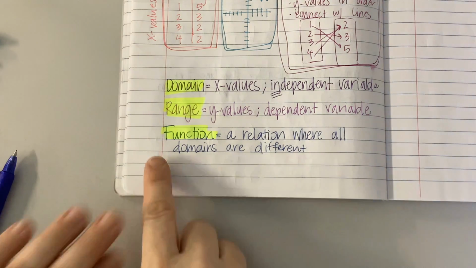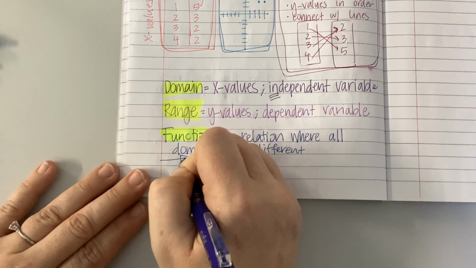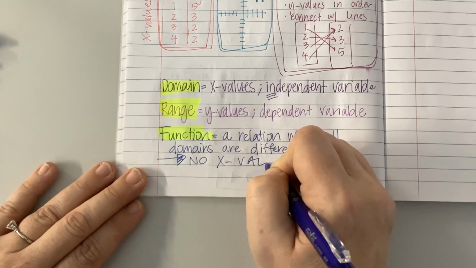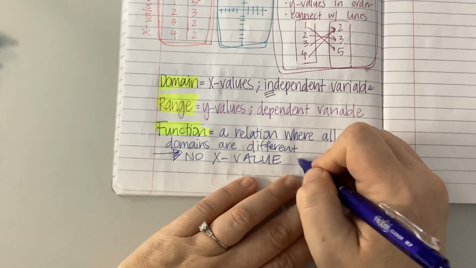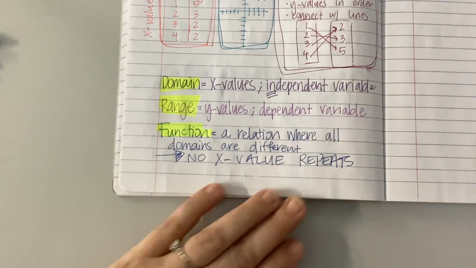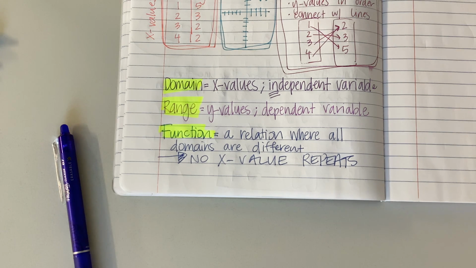But it's all domains are different. I can put a little hint here. No X value repeats. No X value repeats.